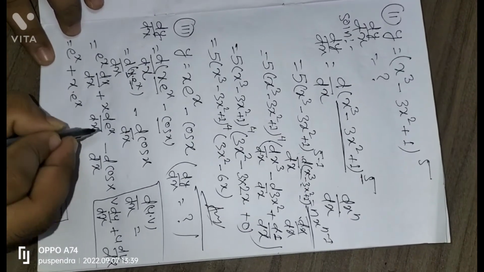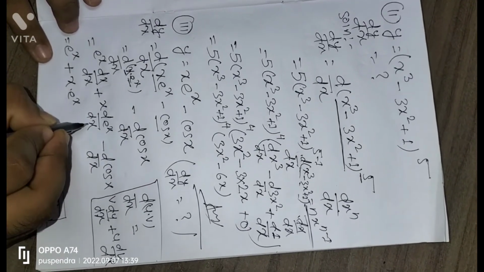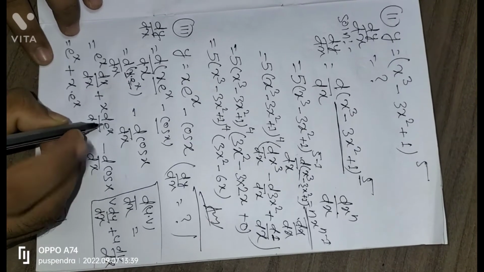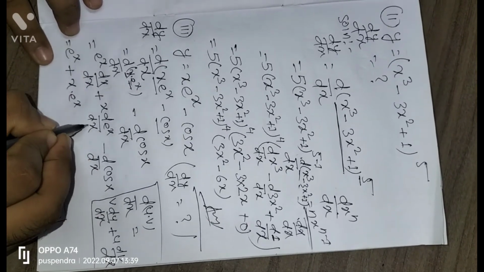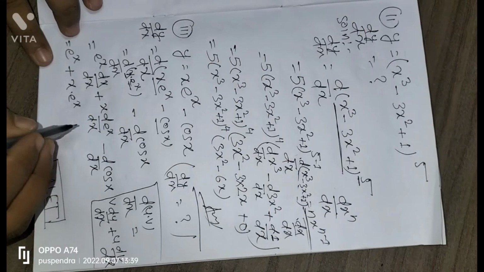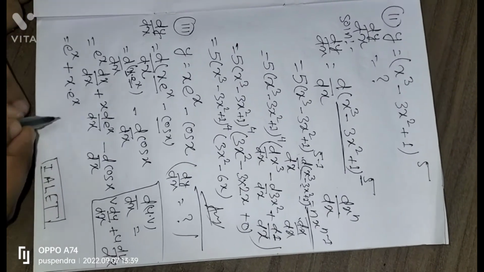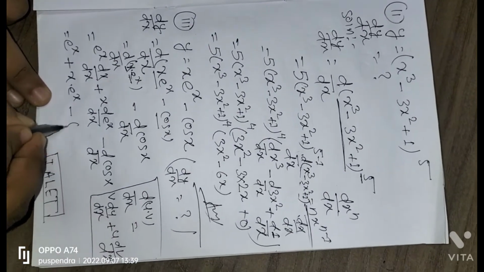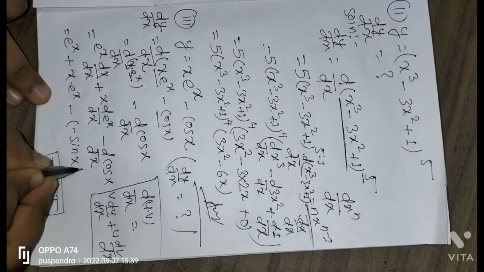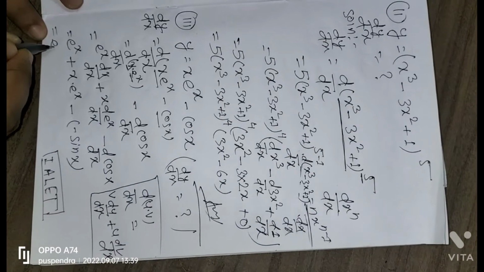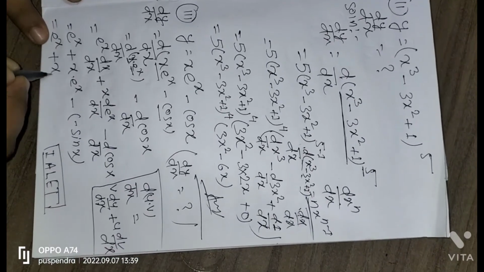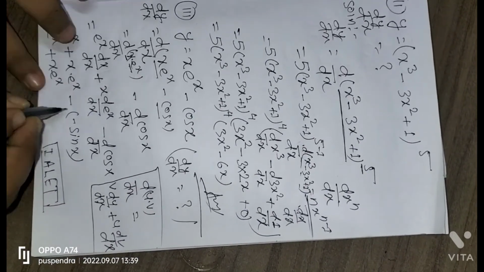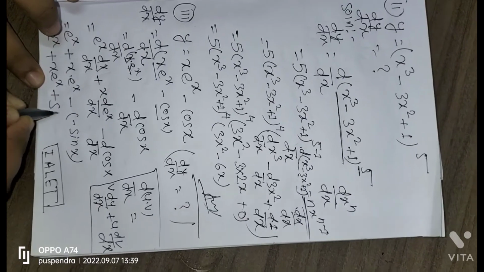Again we have to find the derivative of x with respect to x, but the derivative of x with respect to x is again 1. So we shall leave it as it is, and minus, and the derivative of cos x is minus sin x. So e to the power x plus x times e to the power x, minus minus is plus sin x.